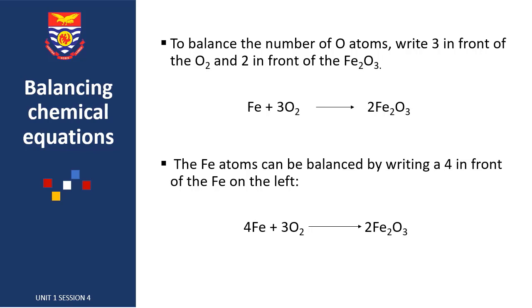In that case, we now have 3 moles of oxygen molecules. And so the number of oxygen atoms at the left side has now increased to 6 because the 3 is multiplying the 2. So we have 6.